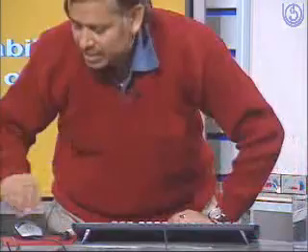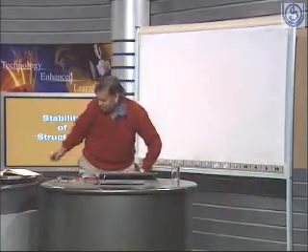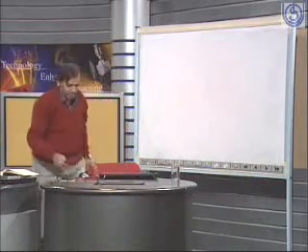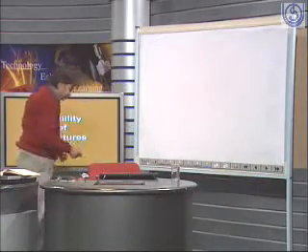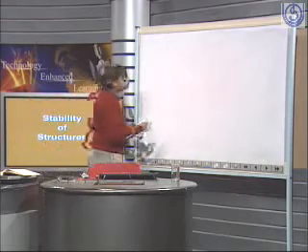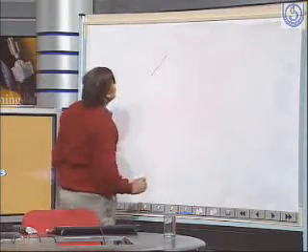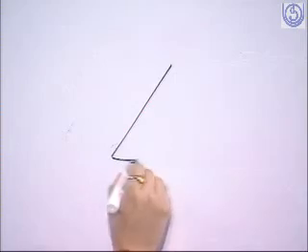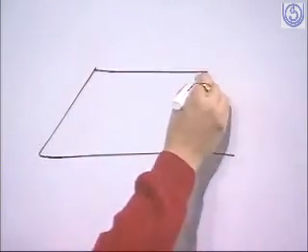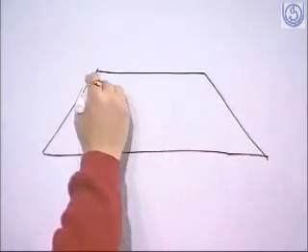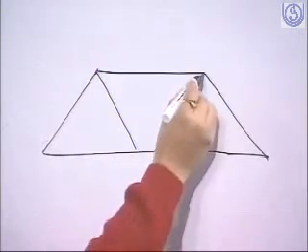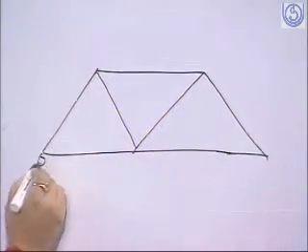So in this we will see the pin jointed structure and rigid structures separately. So friends, this is a simple truss.